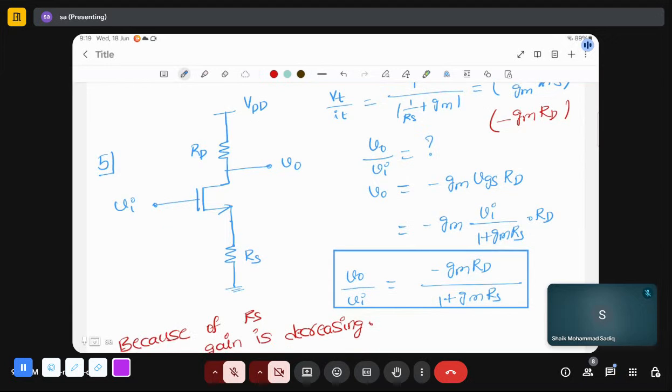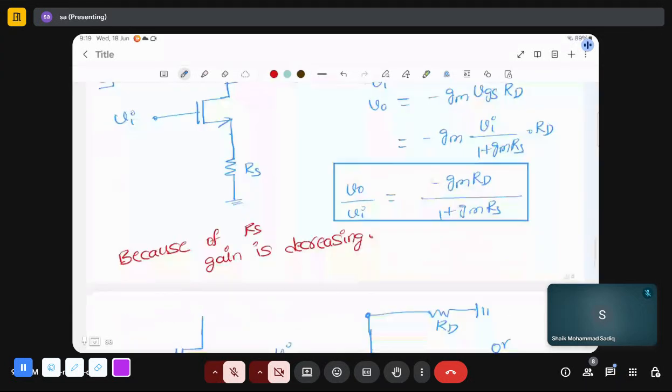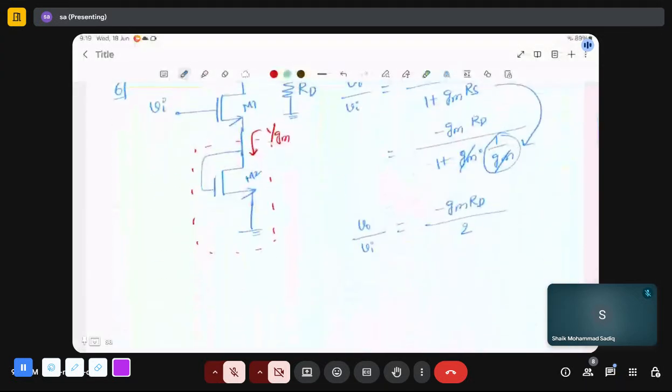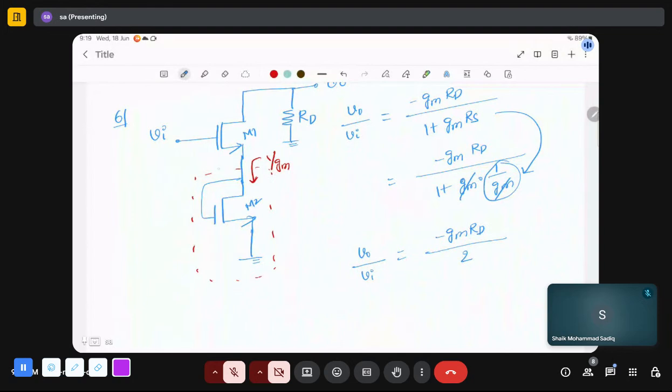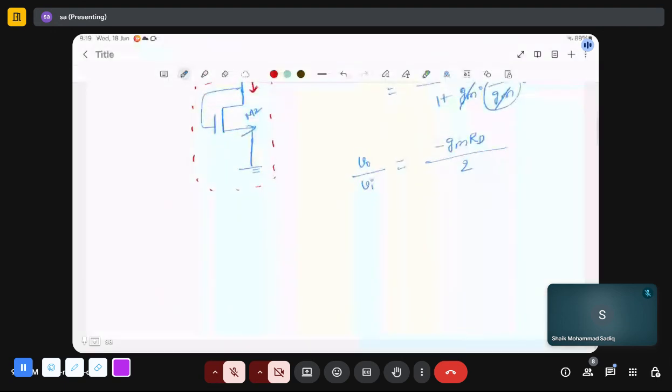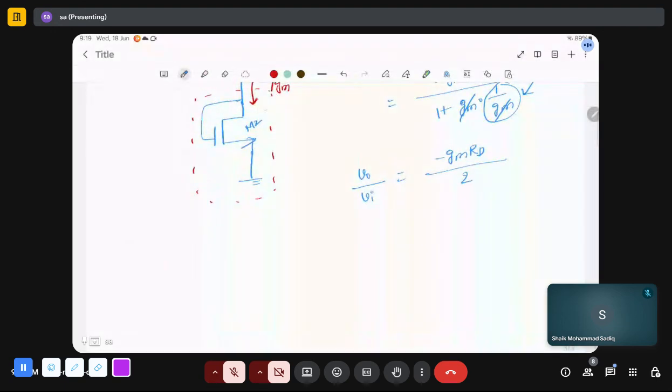With this intuition, you should be able to replace this MOSFET as a 1 by gm resistance, then plug in the values and you will get the answer. For those who don't know why the equivalent resistance of this circuit is 1 by gm, I will explain.